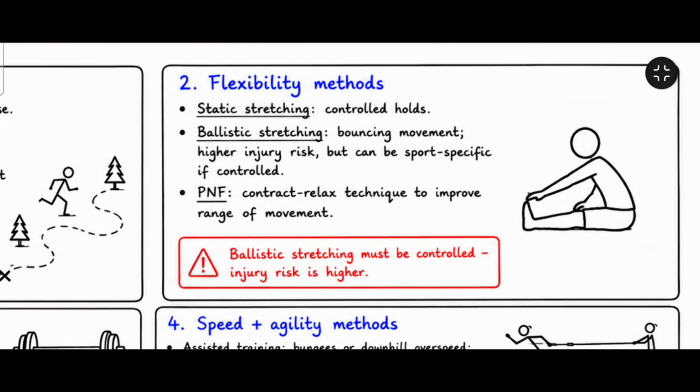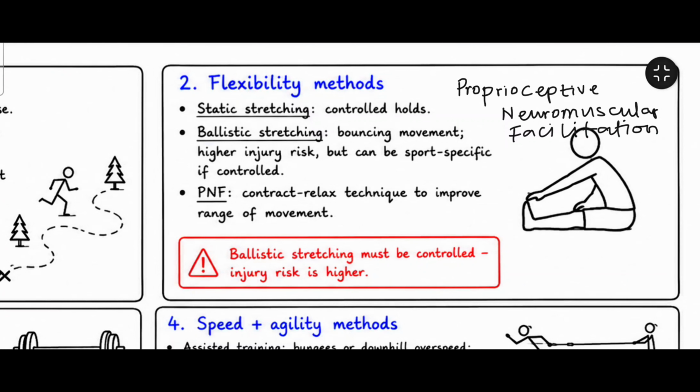PNF stands for proprioceptive neuromuscular facilitation, and that is basically where you stretch a specific body part muscle to the max, and then you hold it, you take a deep breath, you relax, and then you stretch it further again into the stretch.